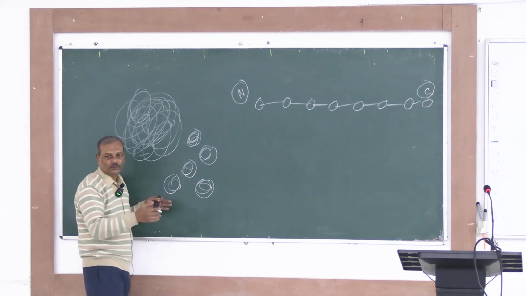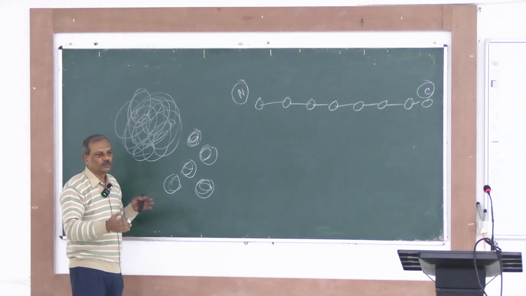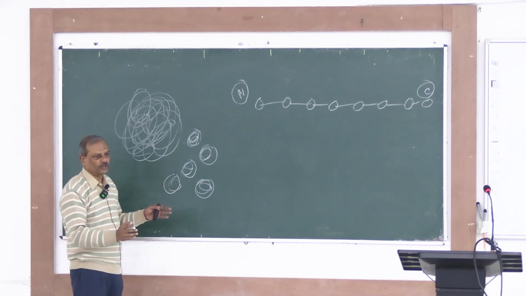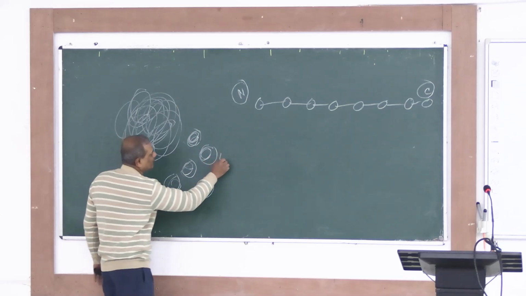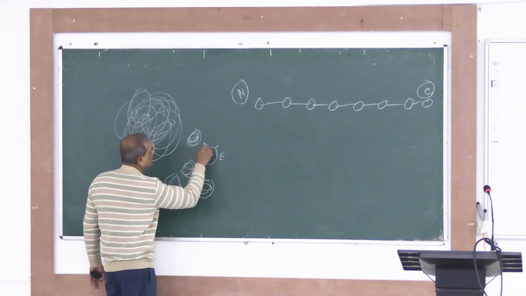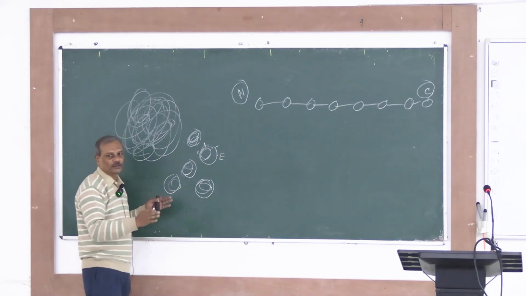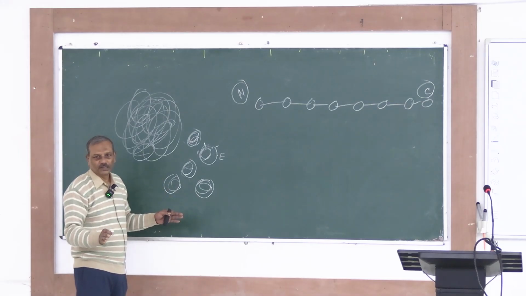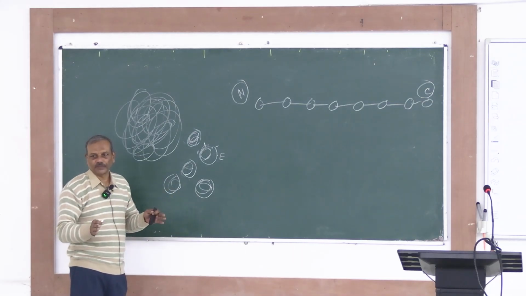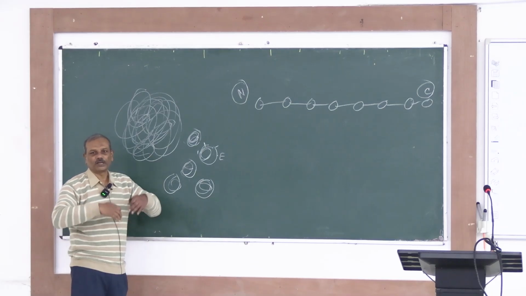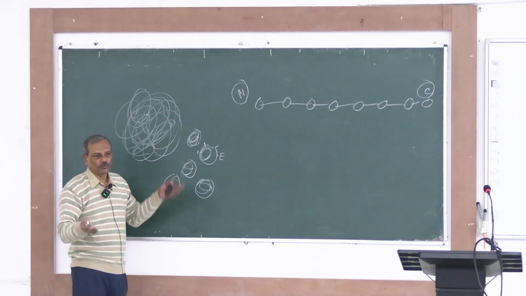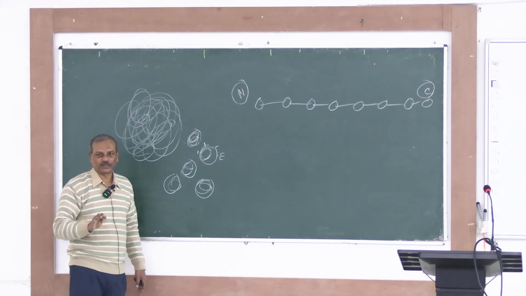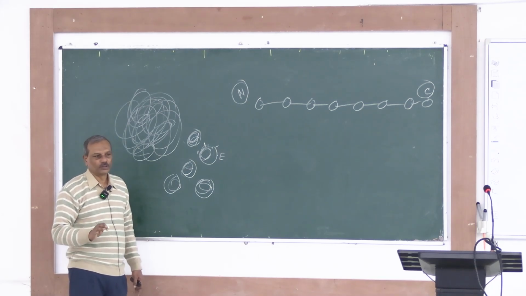The digestion of any food will depend on the amount of surface area available, so that the enzymes can act on those sites. So, the more the fragmentation, the more the surface area, the more the accessibility of the enzyme, the more rapid the digestion of that particular bond, and the amount of water you are taking along with the food also matters.